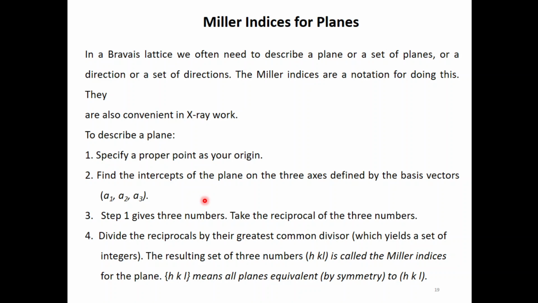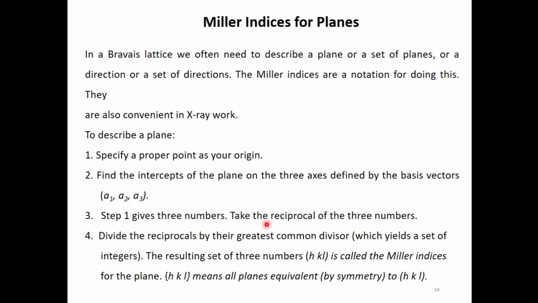Or in another option, you will be given some Miller indices and you have to draw the crystal structure, and you have to show the planes corresponding to the given Miller indices. Okay. So step number 1 gives 3 numbers.